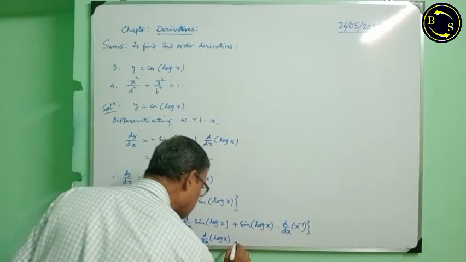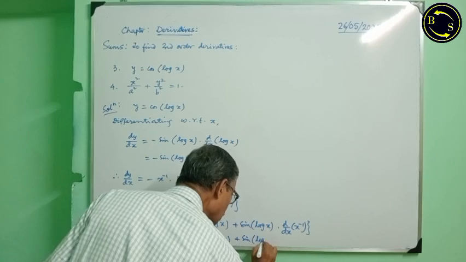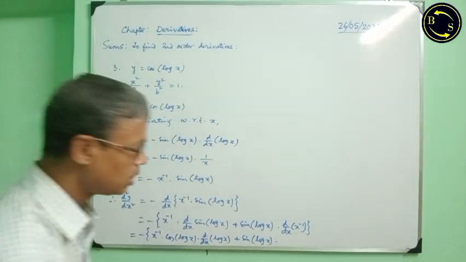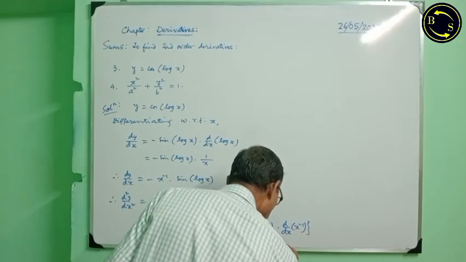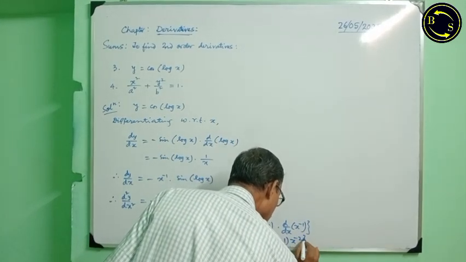And for this part, sin log x, the derivative of x to the power minus 1 is minus 1 x to the power minus 2.